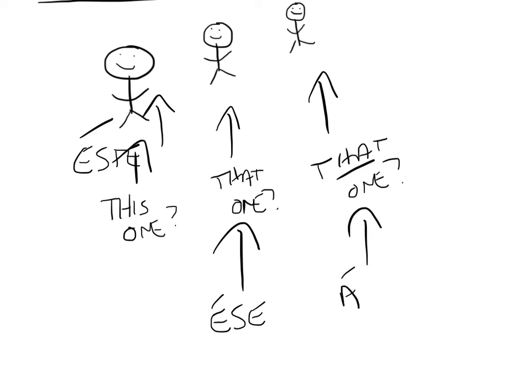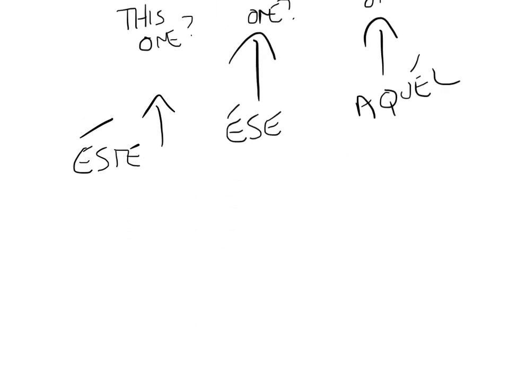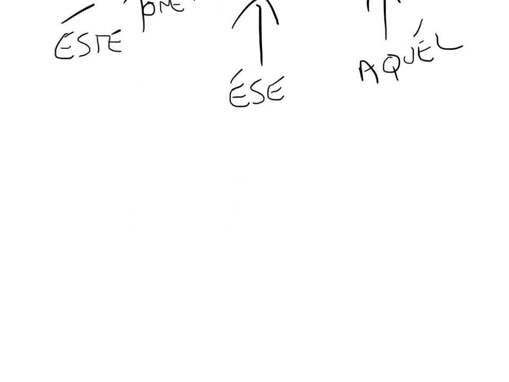O aquel. Which one of these do you like? The accent mark goes on the aquel. So which one? ¿Cuál? Este. Ese. O aquel. That's all you have to do. It's just that simple.